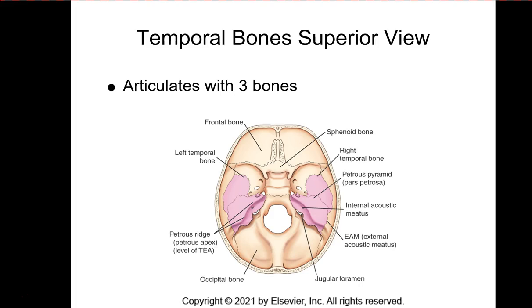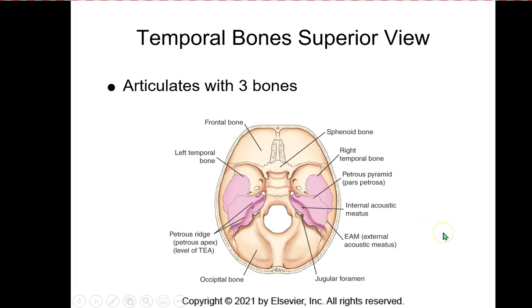And the petrous pyramids project anteriorly and towards the midline, beginning at the area of approximately the EAM. So here is the level of our EAM, or our external auditory meatus, and notice this thick, dense portion, or the pyramids, point anteriorly and towards the midline.